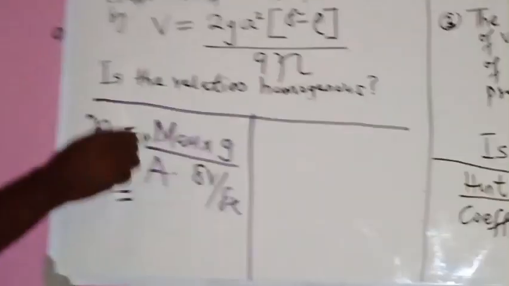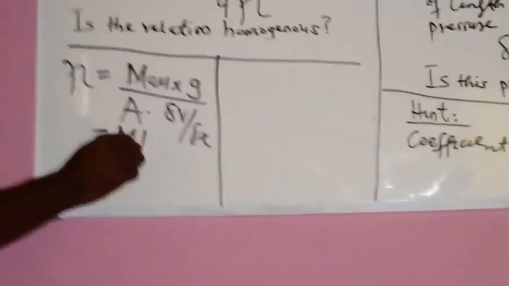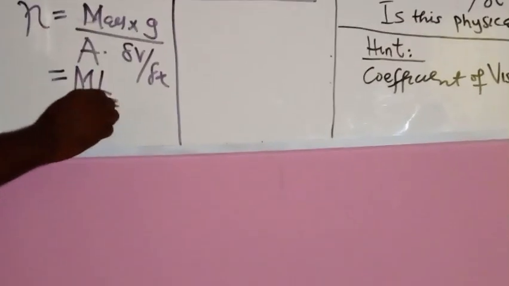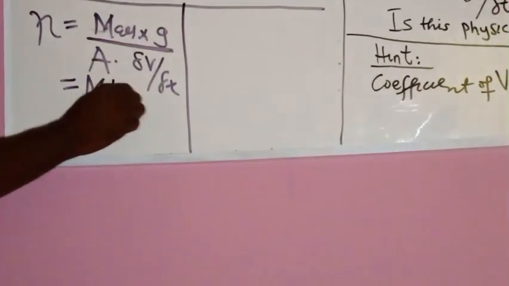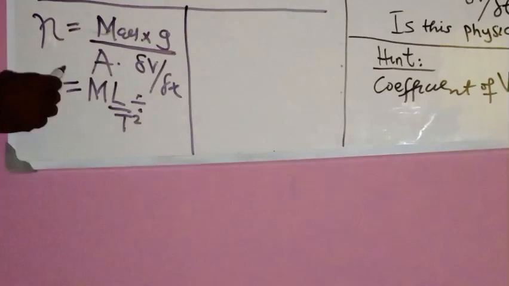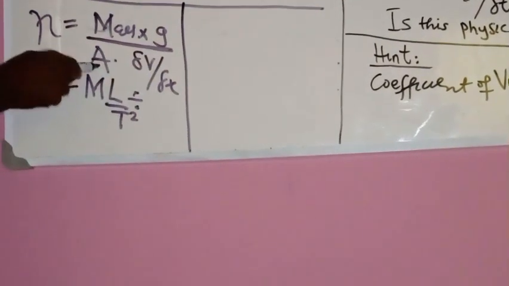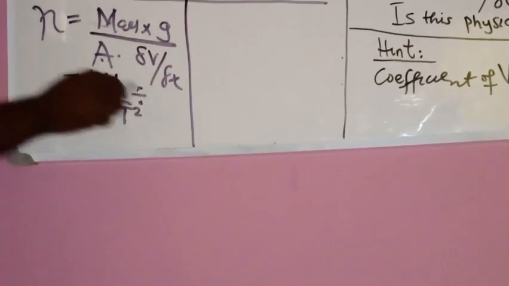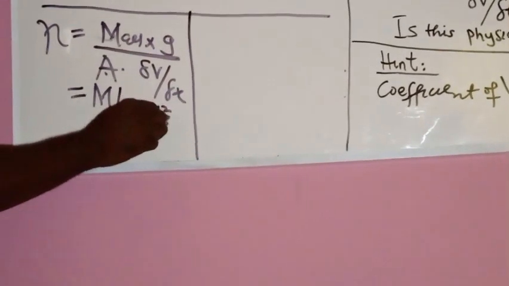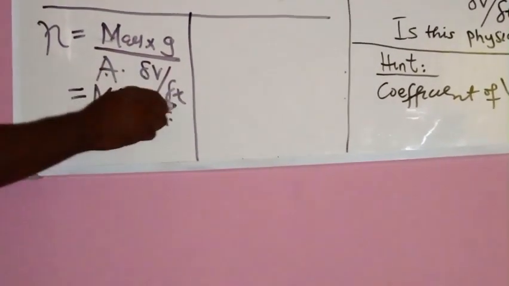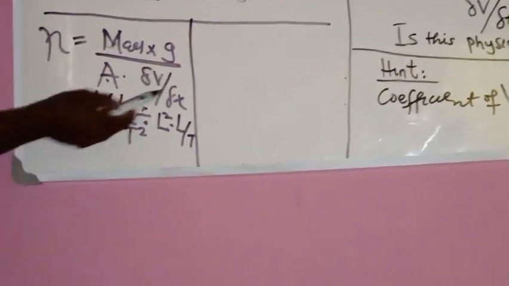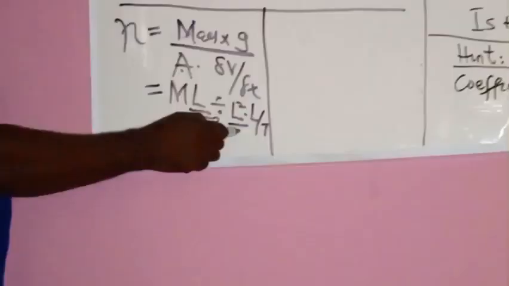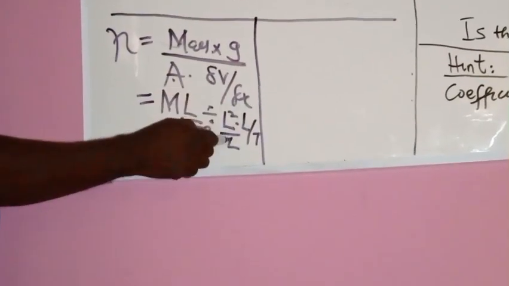Now, dimensionally, mass is capital letter M, acceleration is L over T raised to the power 2. This line means divided by. Divided by what? We have area, which is L squared, times velocity, which is L divided by T. Then ds, another divided by L here. Ds means length.